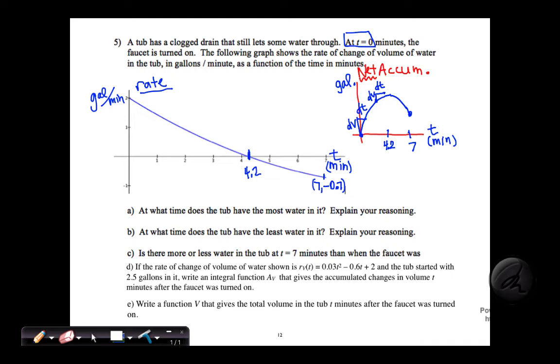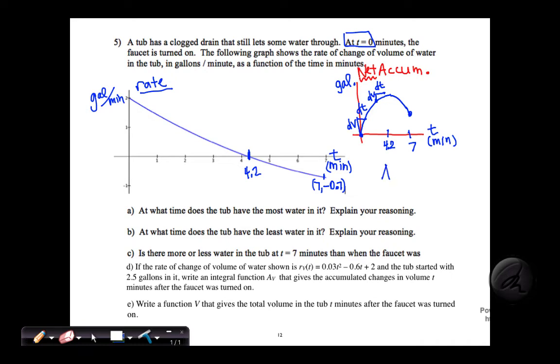So my net accumulated change, which I have a sketched picture of up here, if I want to express the changes in the volume at t minutes after the faucet was turned on, that's from time 0 through whatever. We have 0 through 7 pictured, but we could talk about 0 through whatever.